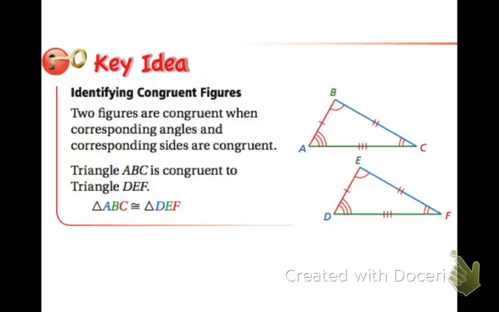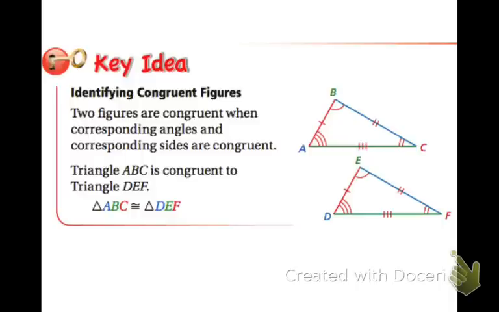So identifying congruent figures. It says that two figures are congruent when corresponding angles and corresponding sides are congruent. And you can see this using the angle notation and the tick marks on the sides. Each one corresponds. So here we've talked about the order. They've even used color codes.